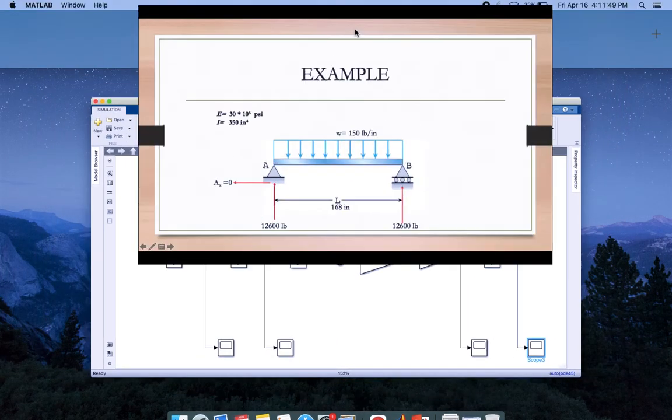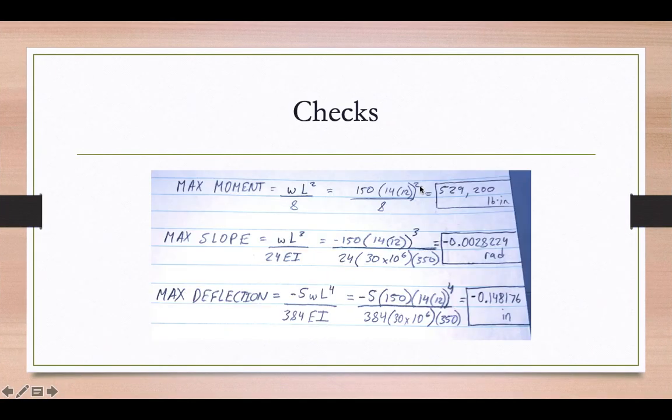We can check the values by using these predetermined equations. There's one for max moment, there's one for slope, one for max deflection. And if you observe the plots in these values, you'd see that they match.